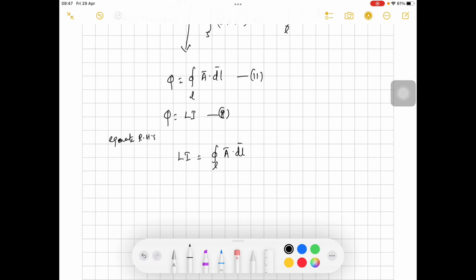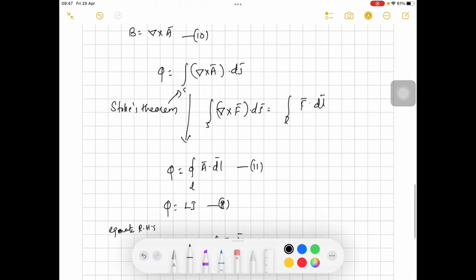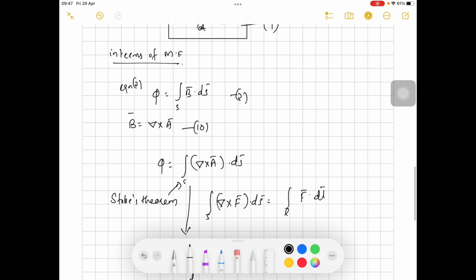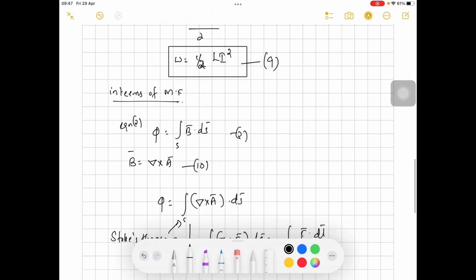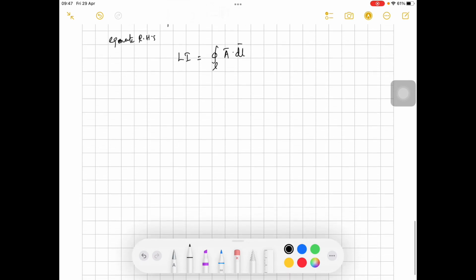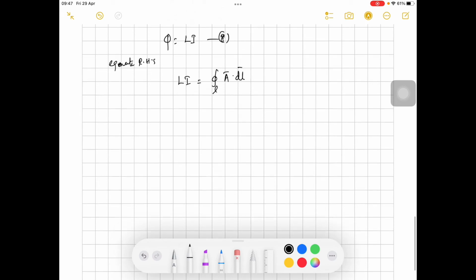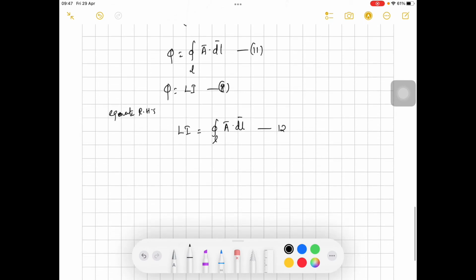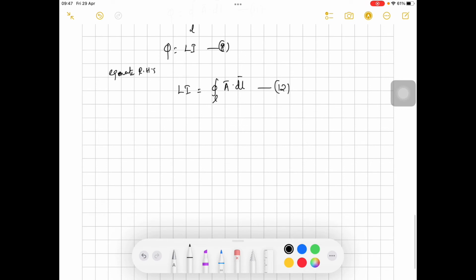Now we know work done is equal to half L I square from equation number 9. So this is equation number 12. Equation number 9 is W is equal to half L I square. I am rewriting this as half I into LI.